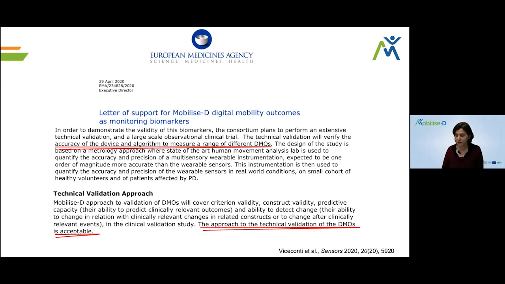And we were very happy to say that the approach has been considered technically valid and acceptable by the EMA. And again, if you want to know more about how we went about this submission to the agency, you can find the information in this paper from Viceconti et al.